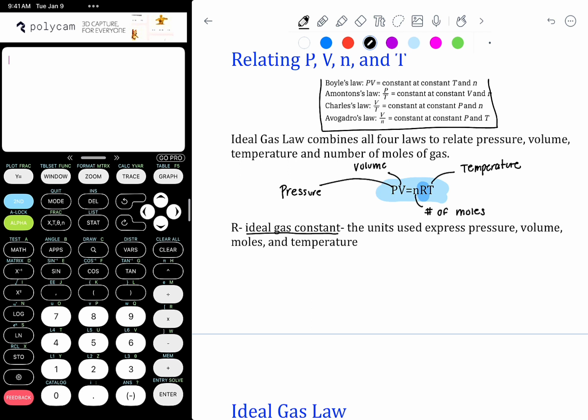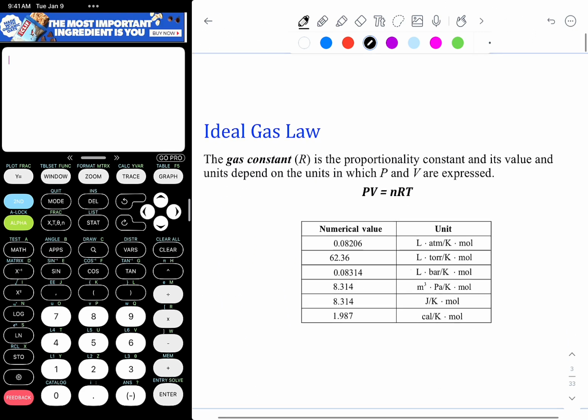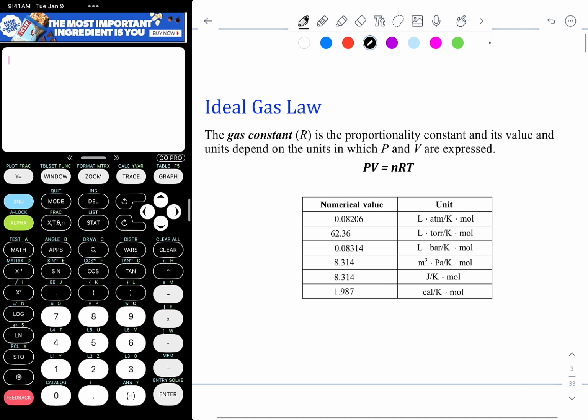But its units are expressed in pressure, volume, moles, and temperature so that it can relate to all four variables of a gas. The ideal gas constant R is the proportionality constant, and its value in units depends on the units in which P, pressure, and V, volume, are expressed.